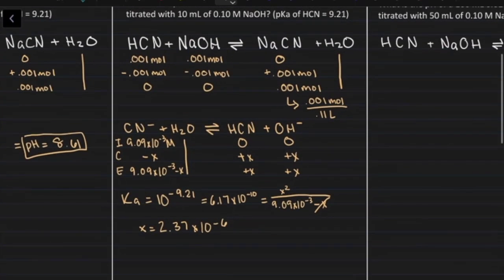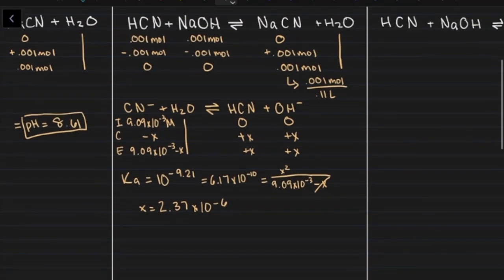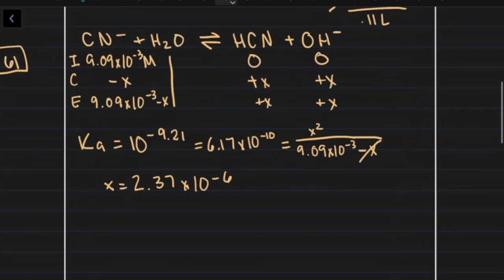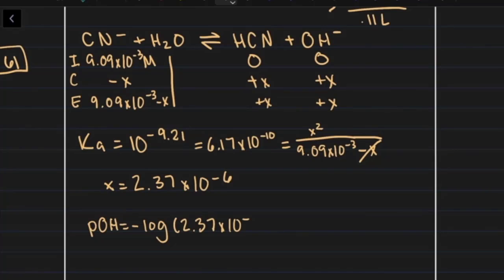And that x that we got here is going to be this OH concentration that we have at the end. So using that, we can find our pOH as negative log of our x concentration, or 2.37 times 10 to the negative 6th. And when we do that, we'll get 5.63.